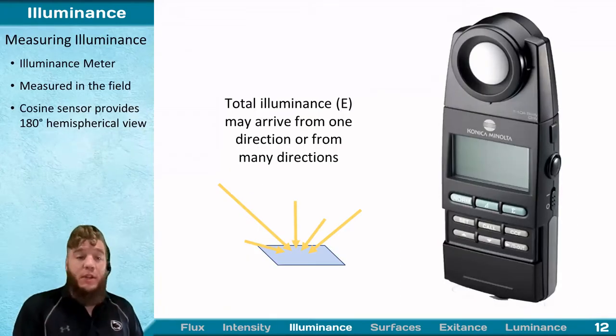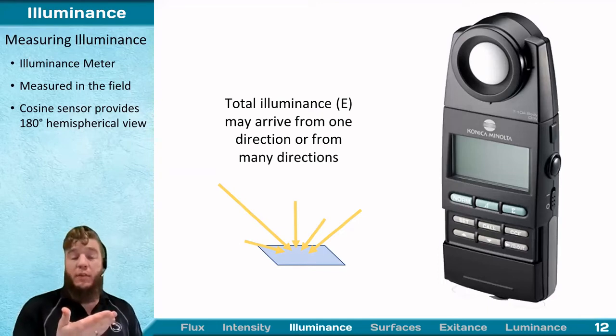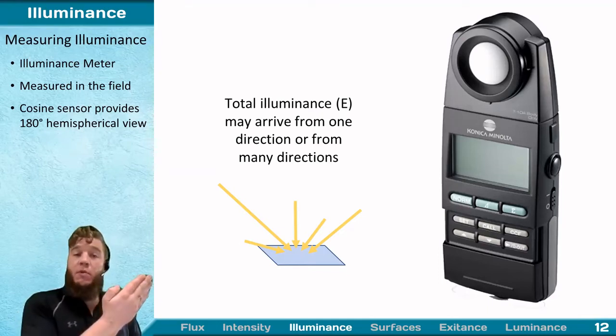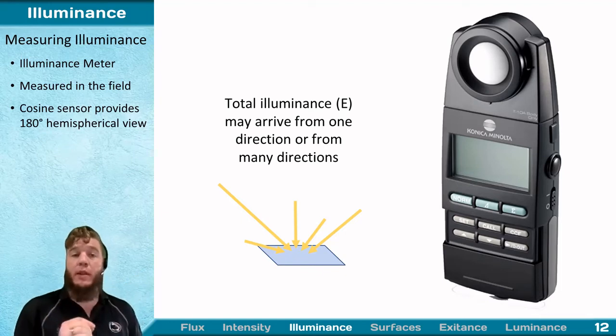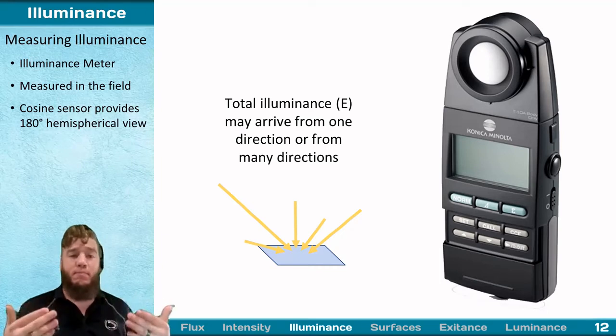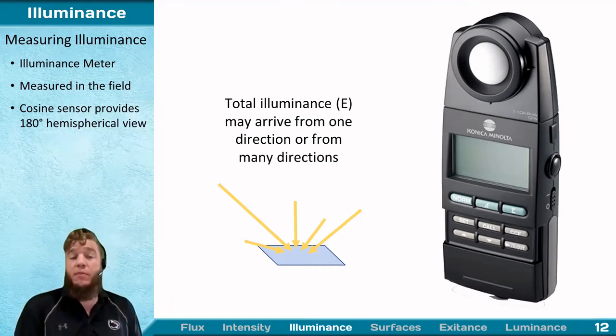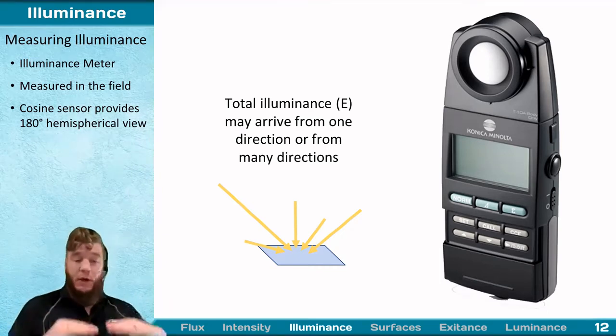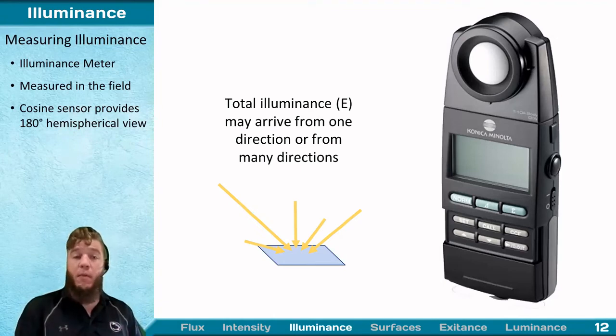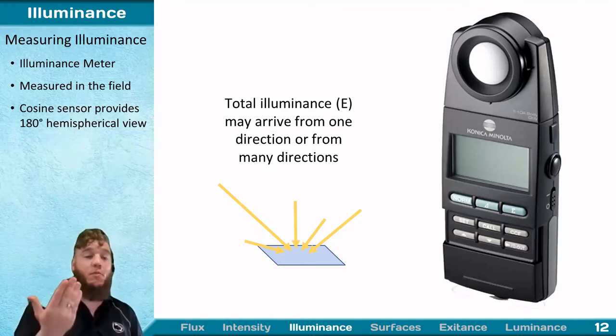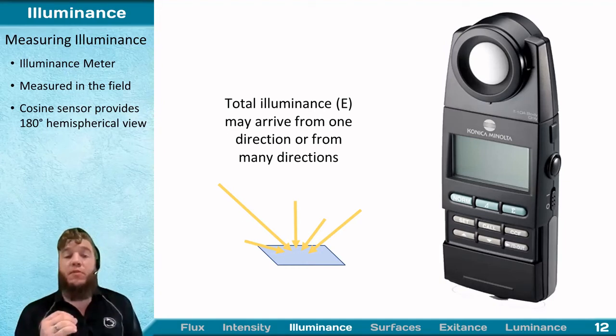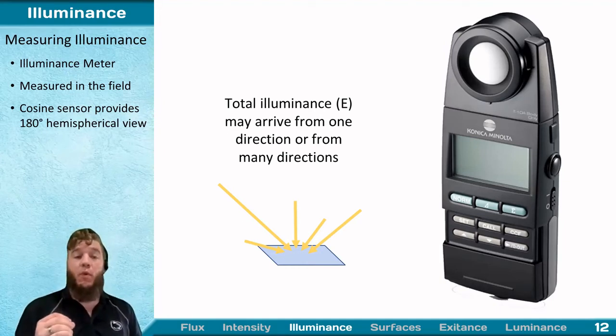Now, measuring illuminance is a little more straightforward. In fact, we do this in the field, because it's no longer a value relevant for a particular light source. That's because total illuminance at any one point may arrive from one direction, or more typically from many directions. If you think about the light falling on your desk right now, there are probably light sources in the room over your head, but there's probably also daylight coming in from the window.